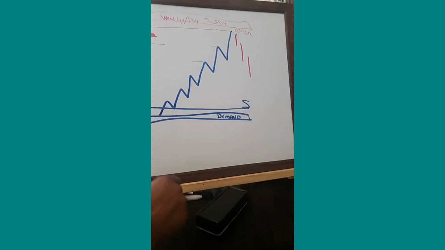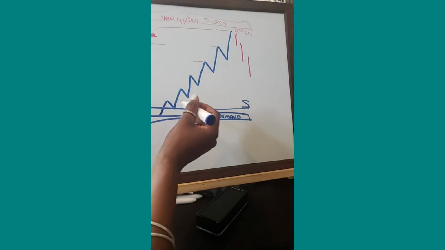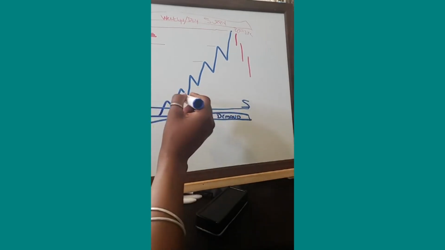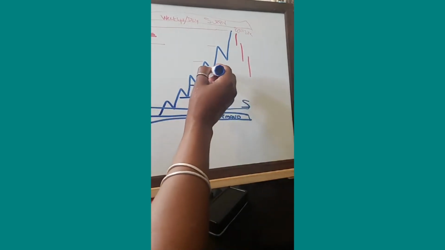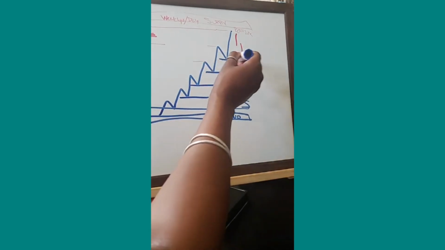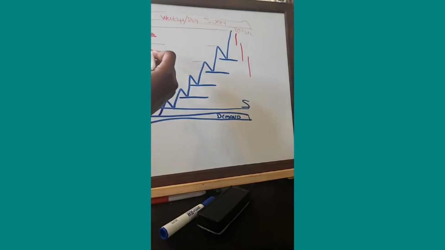Okay, so now let me explain about the supports. The supports are normally the end of those pullbacks in an uptrend, and then in a downtrend, I don't know if I'm going to have enough space, so I'll try to make this small.